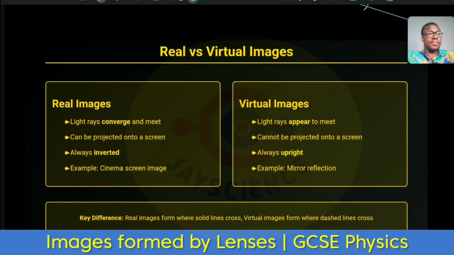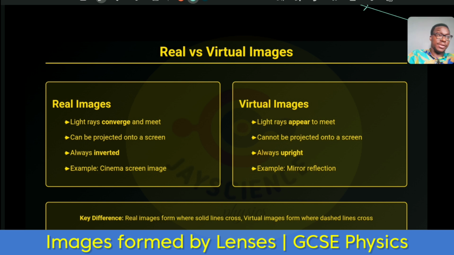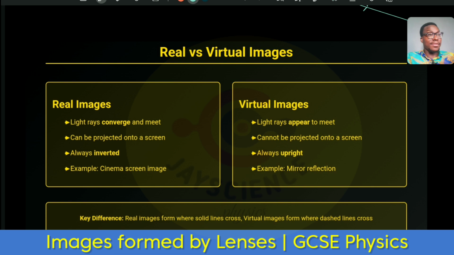Keep that in mind. Number two, real images can be projected onto pieces of paper or on screens. A good example of that is a projector. It projects an image onto a screen, and you have some sort of arrangement inside it as well. For the representation of real images in a ray diagram, we use solid lines, two solid lines that cross. So for real images, we use solid lines for the rays, solid lines for the images.